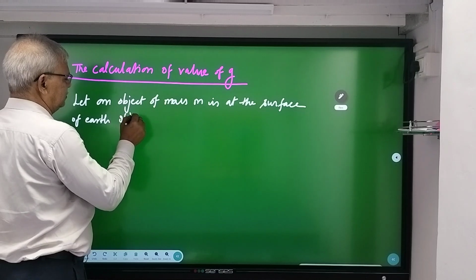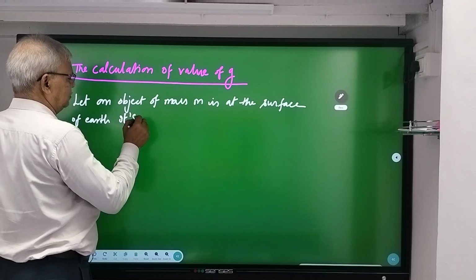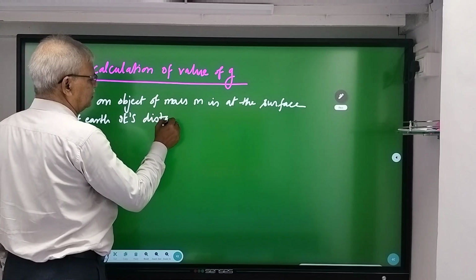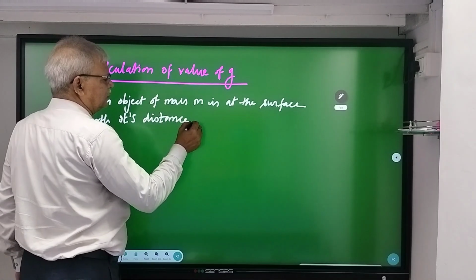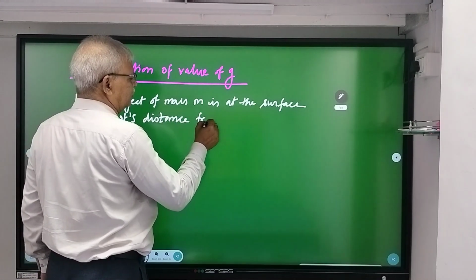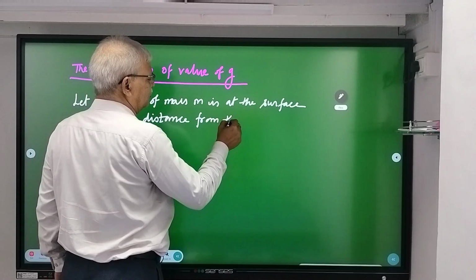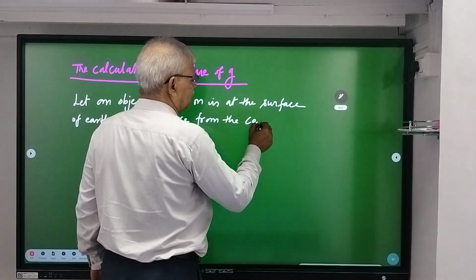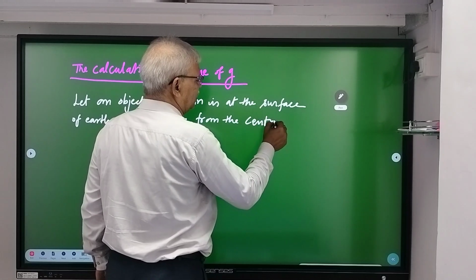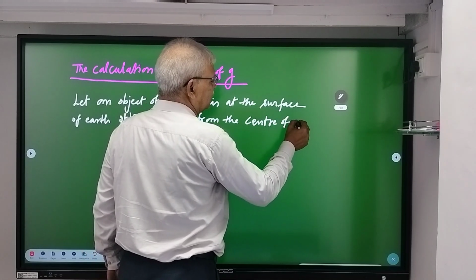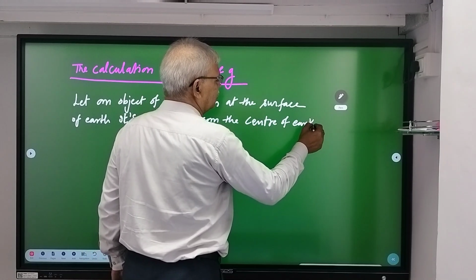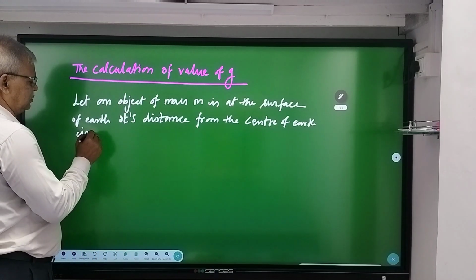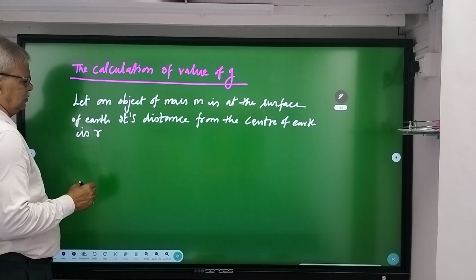Its distance from the center of Earth is r.